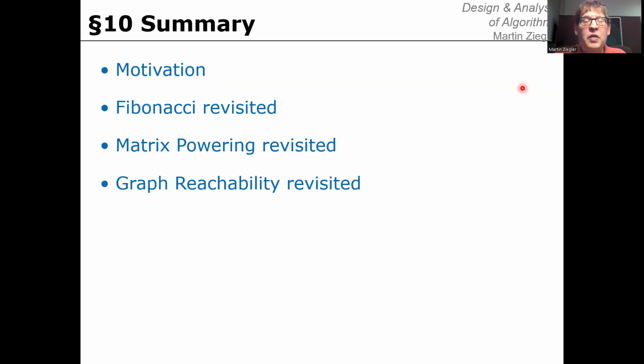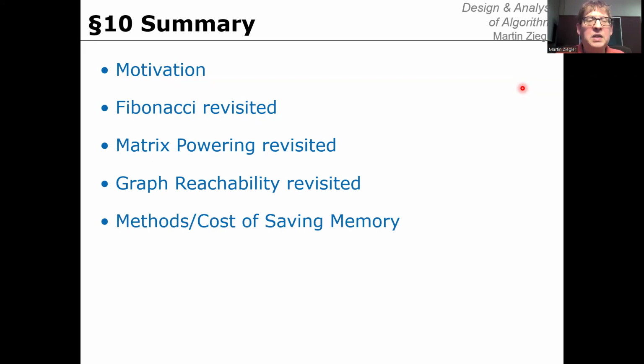for directed graph reachability, roughly with memory use log n squared. And we saw that this somehow seems to correspond to the parallel running time of our parallel algorithm for directed graph reachability. And that led us, after discussing methods and cost of saving memory, namely increasing the running time, to this similarity of memory consumption of memory efficient algorithms on the one hand, and the parallel running time of efficient parallel algorithms on the other hand. We asked, is that coincidence?